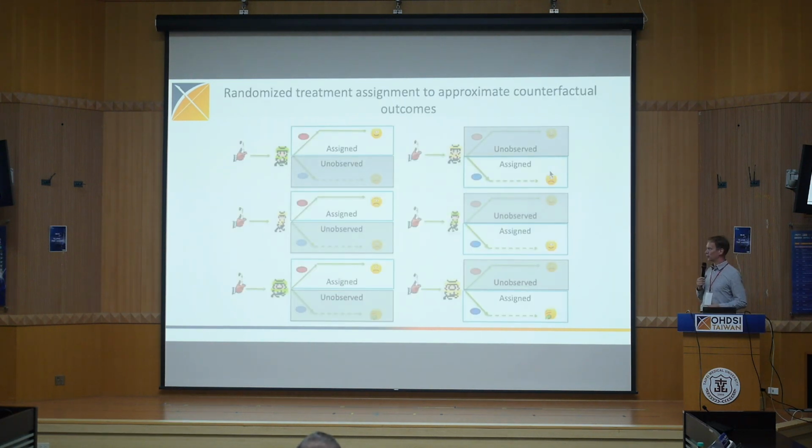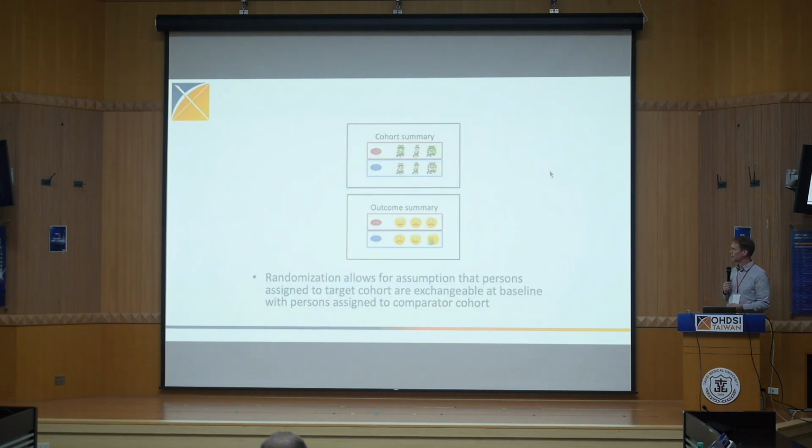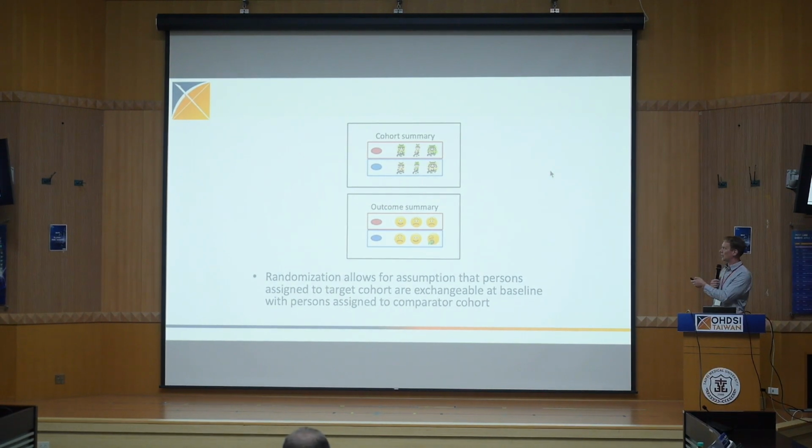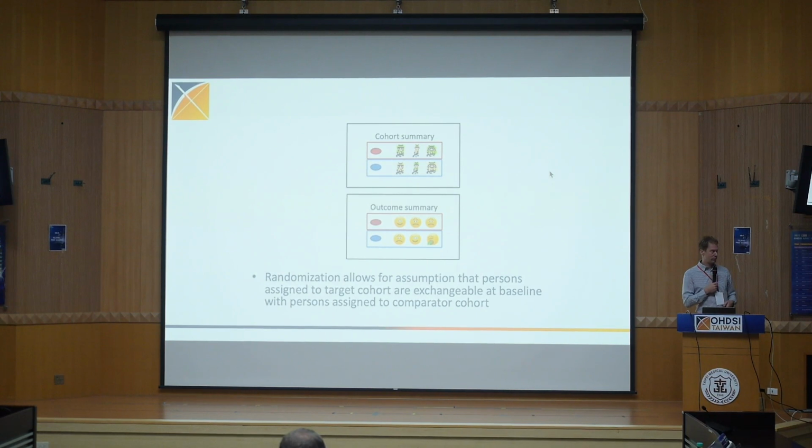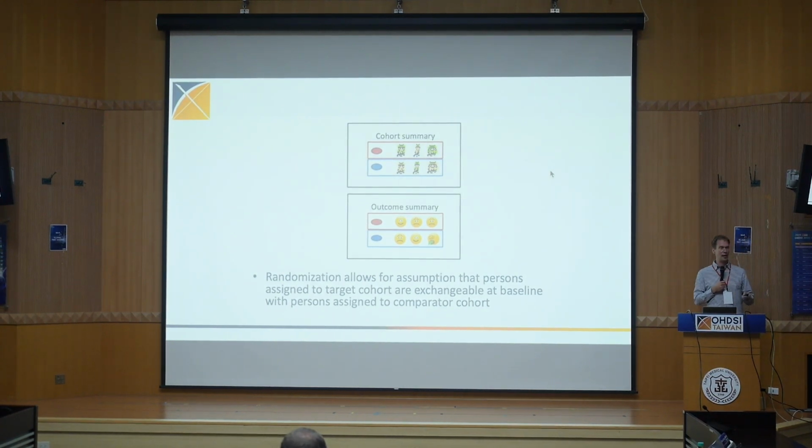You randomize people, so you take a group of people, the left group you randomly give them the red pill, and the other people you randomly select and you give them the blue pill. And because you randomly selected them, they're basically the same mix of people, like both skinny and white people in both groups, and you have something that's pretty similar to what you would have gotten if you had the time machine. And so you can still make good inferences about the effect of that choice.